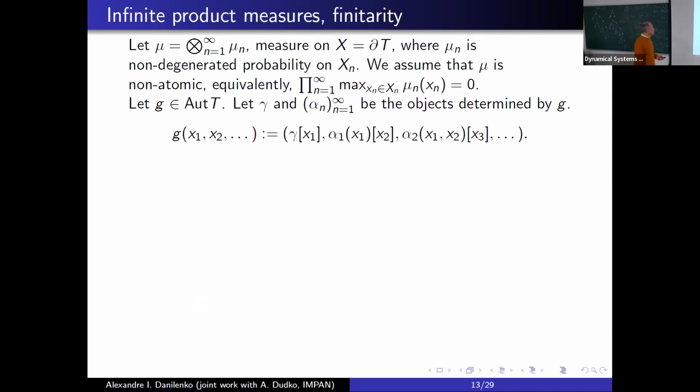I consider all non-atomic infinite product measures on the boundary of the tree.